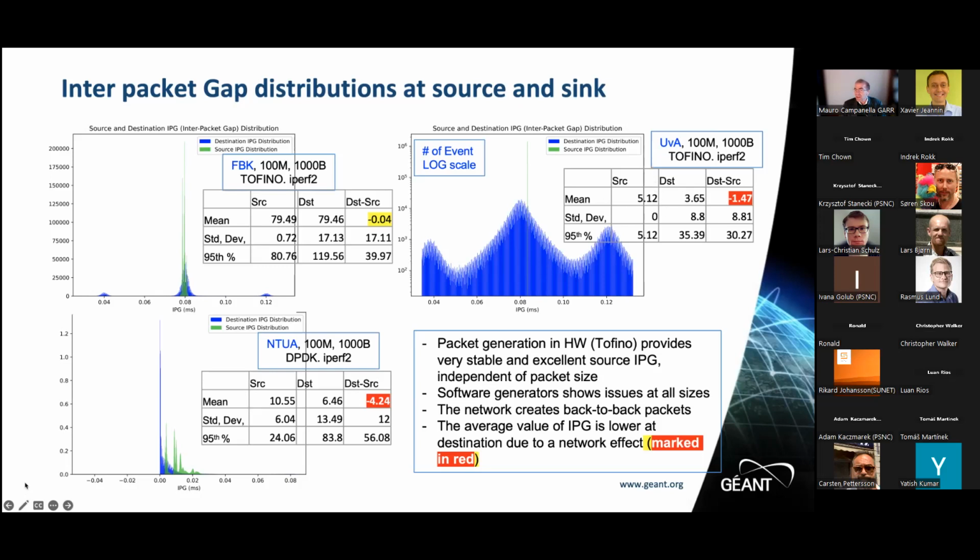And as you can see, there is a difference here in the sense that, strangely enough, it looks like the average is reduced. In my opinion, this is a software effect due to the switching of the packets between the different speeds, but I have to investigate. We didn't investigate that in enough detail to be sure of the explanation I'm trying to provide you.